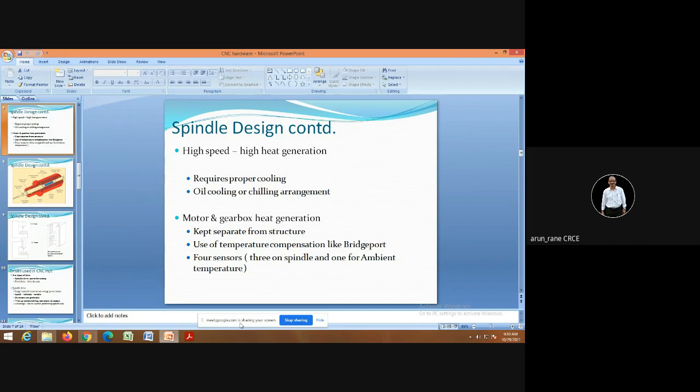So there will be changes in the dimensions also. So that will lose the accuracy.